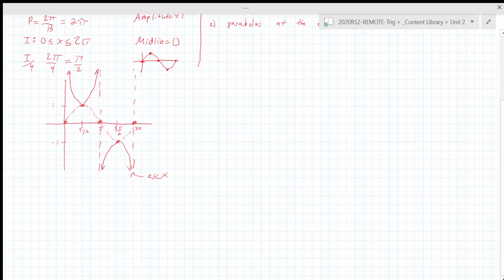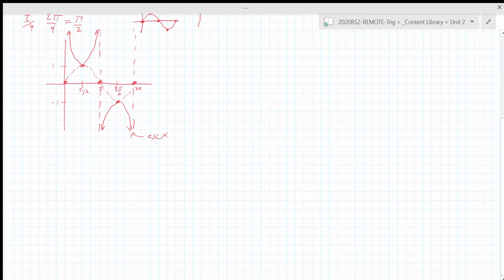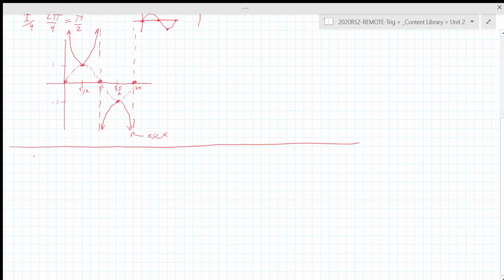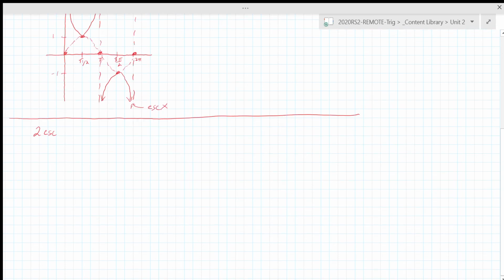Okay. Let's look at a less trivial example than the parent function. Let's do 2 cosecant of x plus pi quarters.